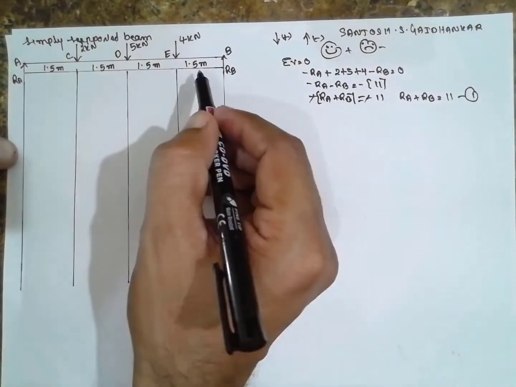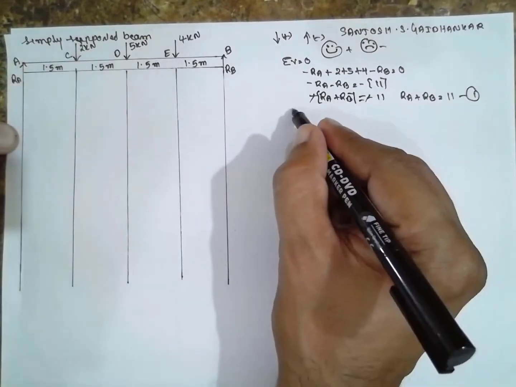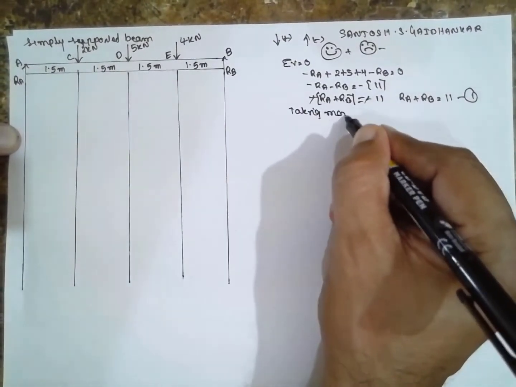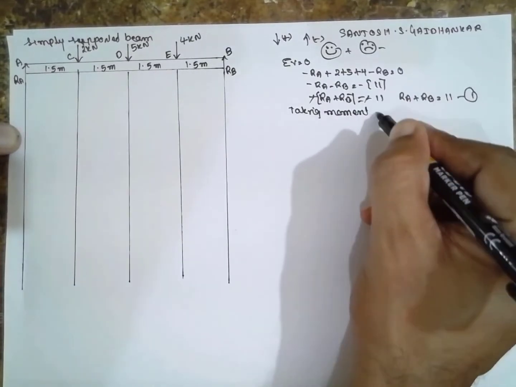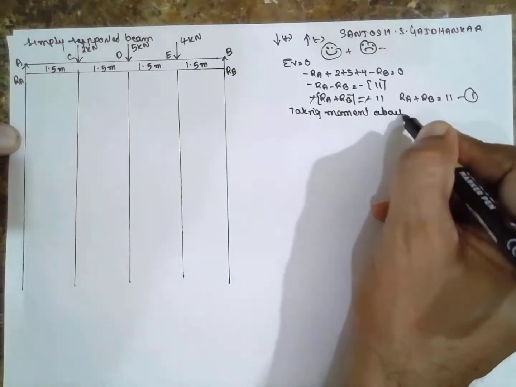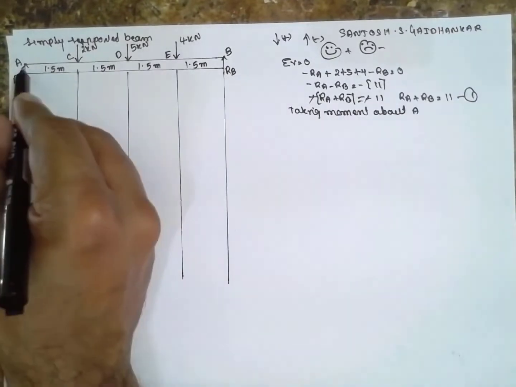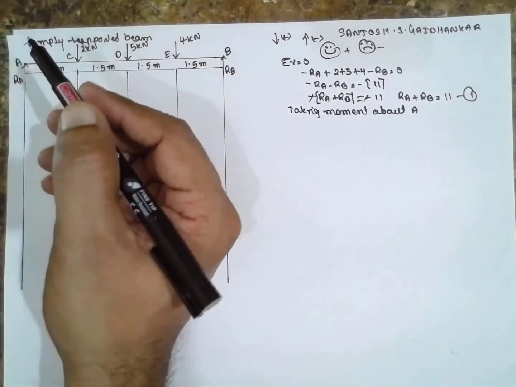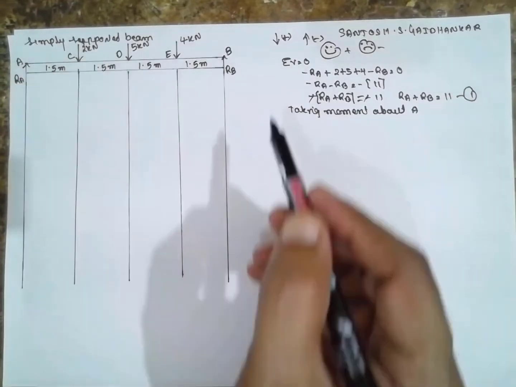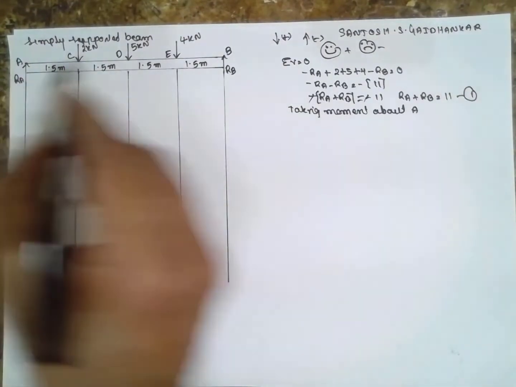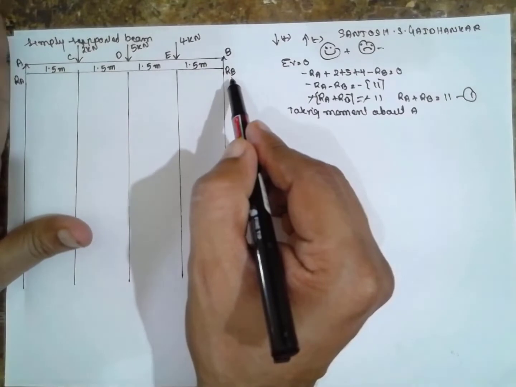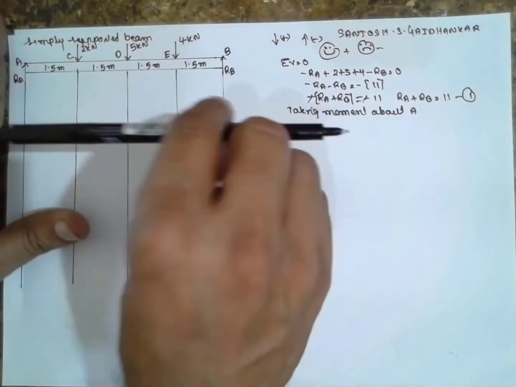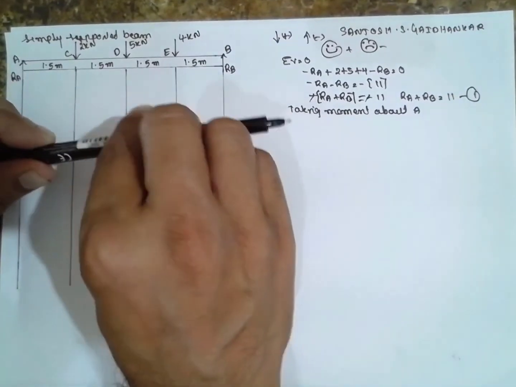Now we have to take the moment about A. I am taking the moment about A. That means this end is fixed. Now RB is moving upward in this direction, so it will sag.